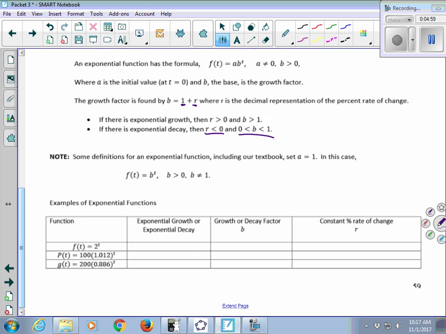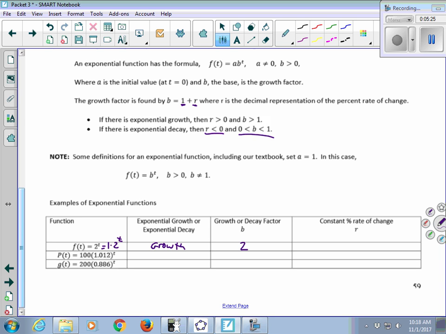So if f of t equals 2 to the t, we could also think of this as 1 times 2 to the t. So my a value is 1 and my b value is 2. Okay, so when b is bigger than 1, you're multiplying by something bigger than 1, everything's going to get bigger at each step. So this is growth. My growth factor, that's b, in this case is 2.